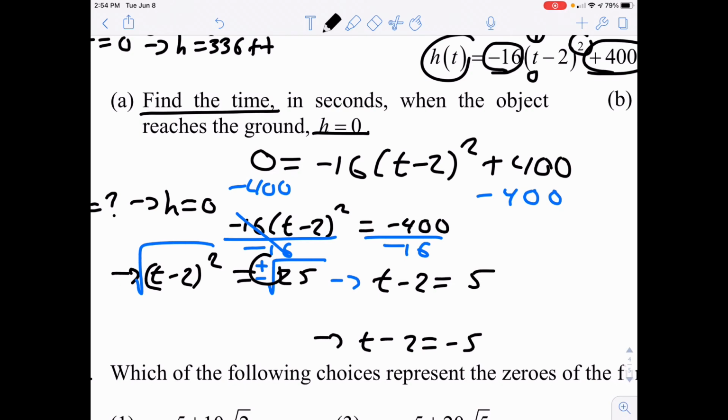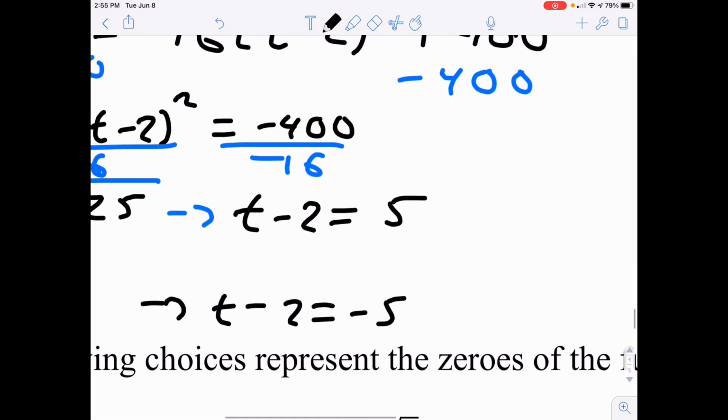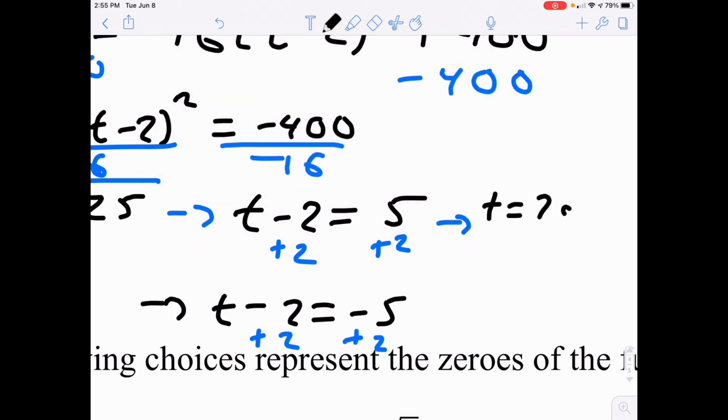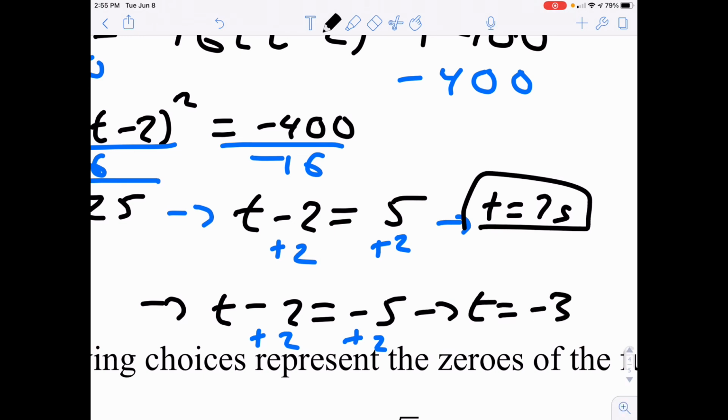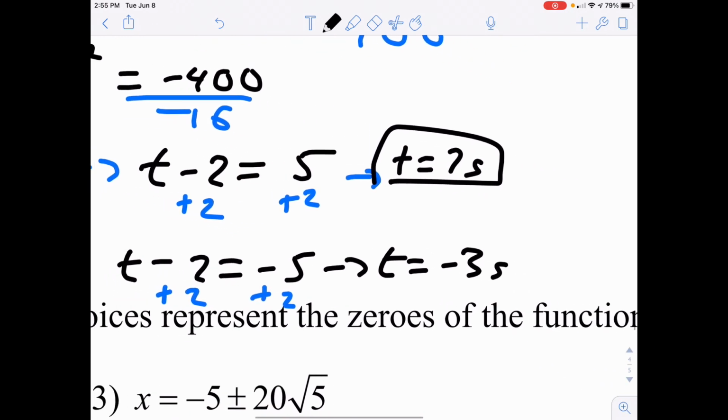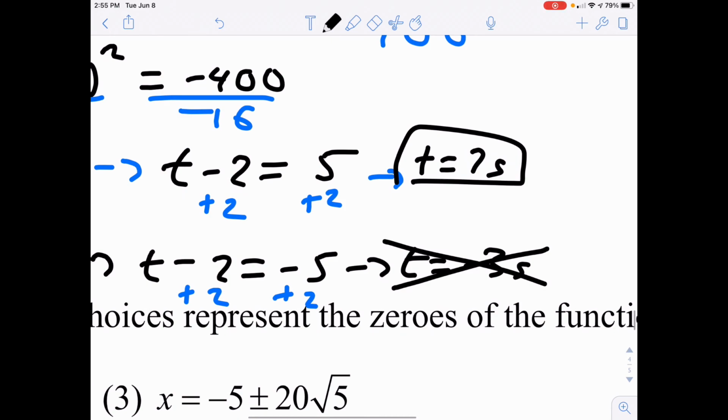Remember, you have two answers, plus or minus. Well, add 2 to both sides. Here we get t is equal to 7 seconds. Here we get t is equal to negative 3 seconds. Since time cannot be negative, we disregard that answer.